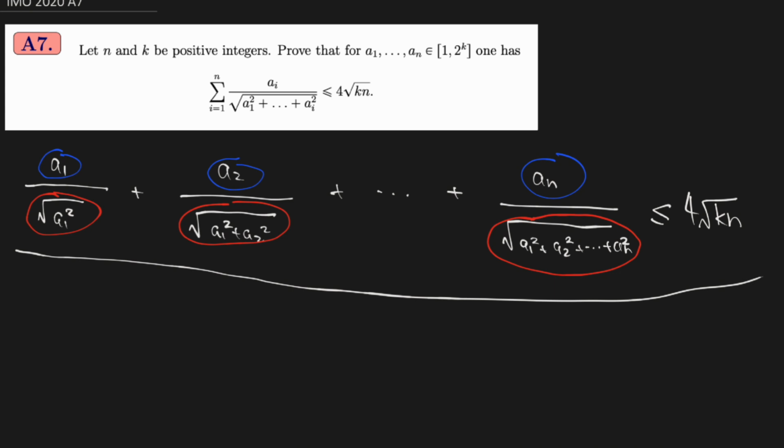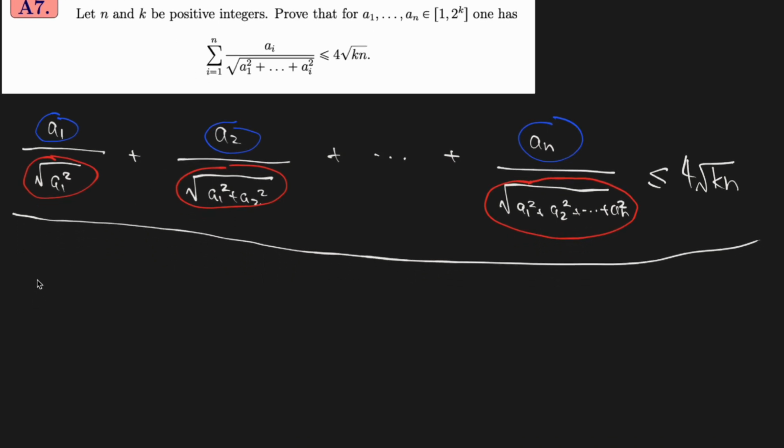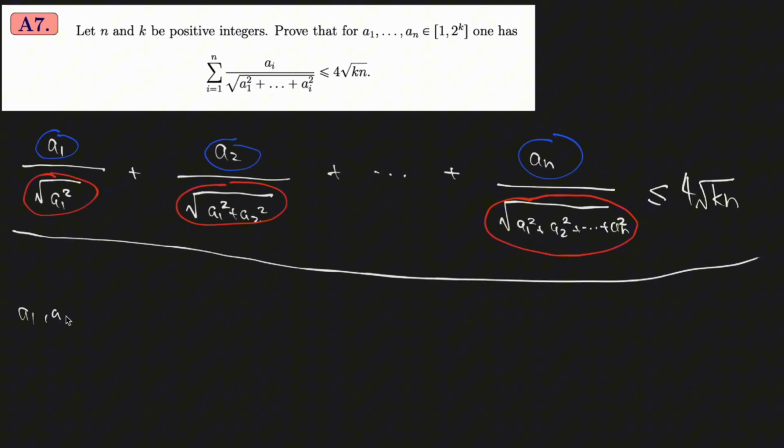if I have some permutation of the variables a1, a2, aj plus 1, an, if I swap the places of these two terms, then our sum is actually not going to decrease. In most cases, it's going to increase.